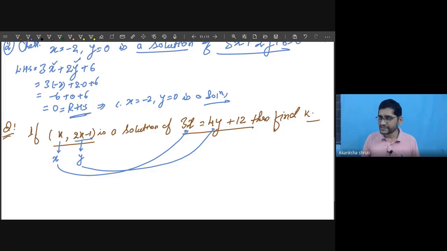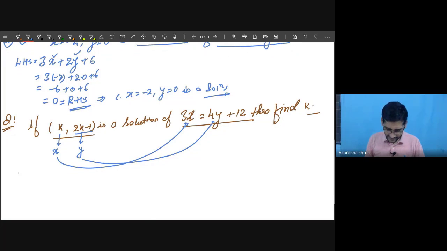So the equation will get converted in terms of k only, and we can get it. Therefore, you have to write like this: 3 in place of x, substitute k, is equals to 4 in place of y, substitute 2k minus 1 in brackets, plus 12. So this is an equation because the equal sign is in between.